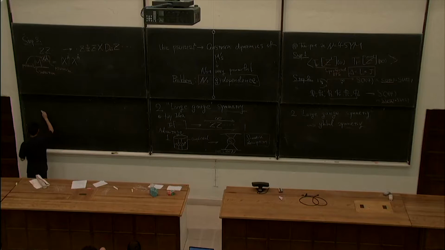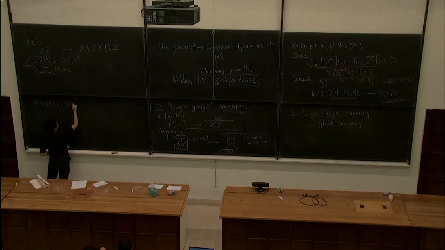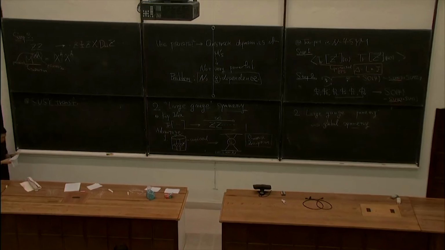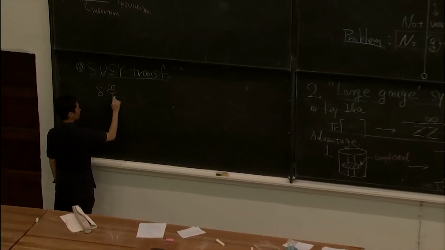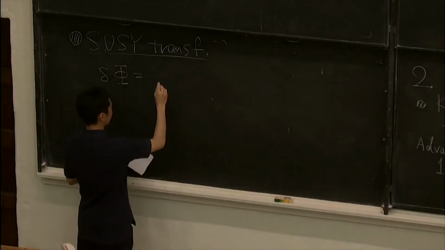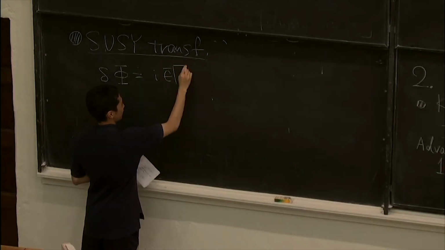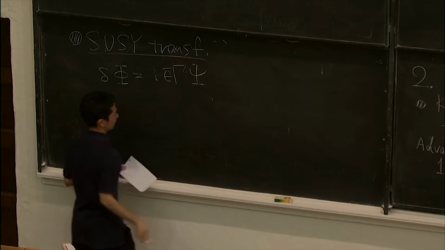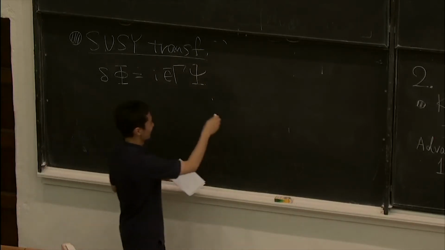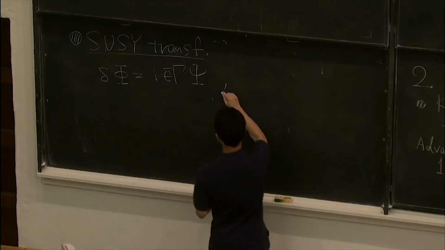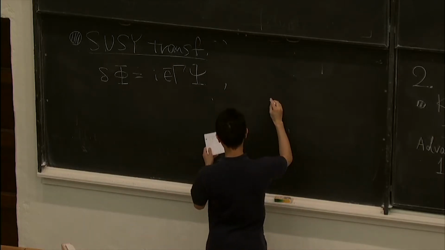Okay, to understand what I'm talking about, let's recall the SUSY transformation, and let's recall how it acts on fundamental fields. So we know that if you act with SUSY on a boson, we get a fermion. So maybe you get something like this. I don't really care about indices. So this is some gamma matrix.